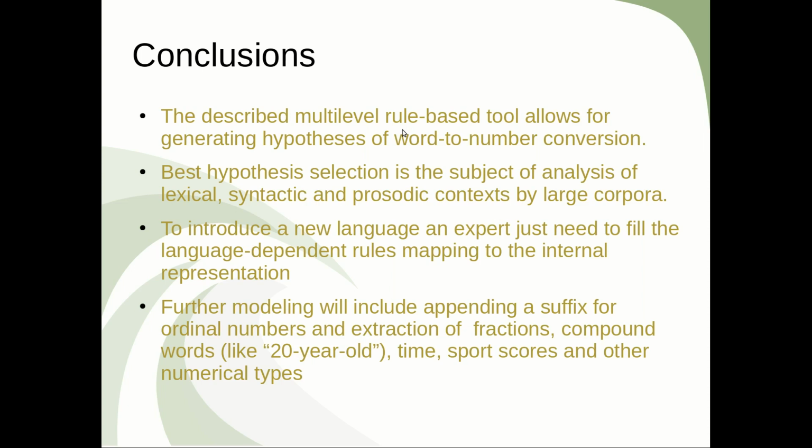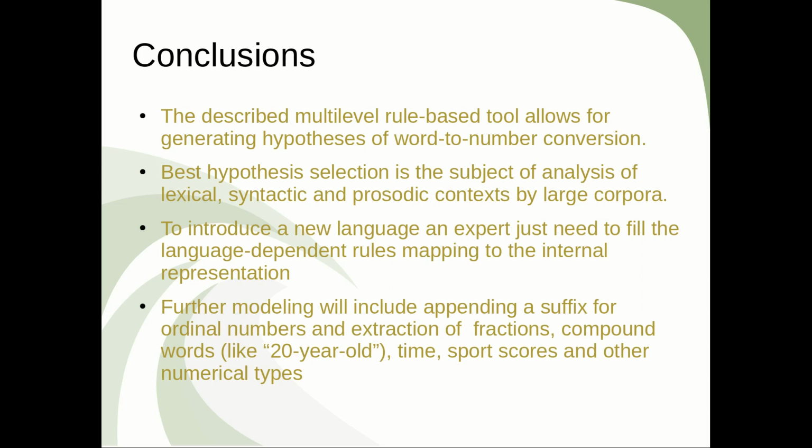Now we can extract hypothetical sequences of numbers from the text, and the best hypothesis can be selected by analysis of a wider context using a large corpus. Introducing a new language looks quite uncomplicated.